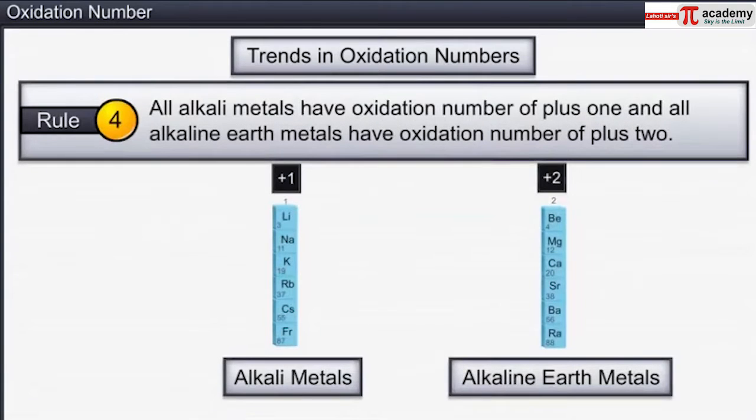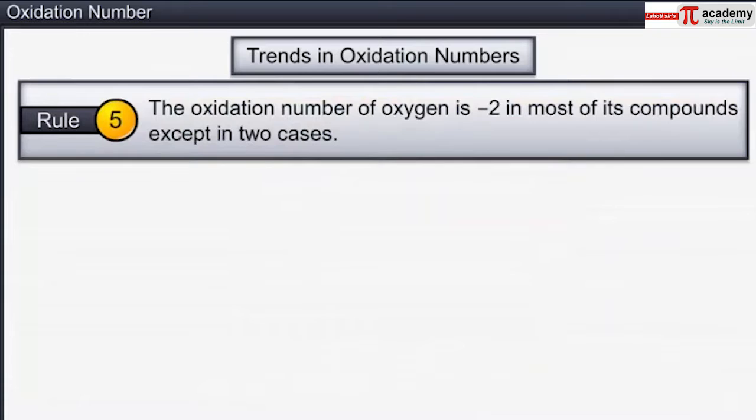The fourth rule says that in their compounds, all alkali metals have oxidation number of +1 and all alkaline earth metals have oxidation number of +2. According to the fifth rule, the oxidation number of oxygen is -2 in most of its compounds, except in two cases.